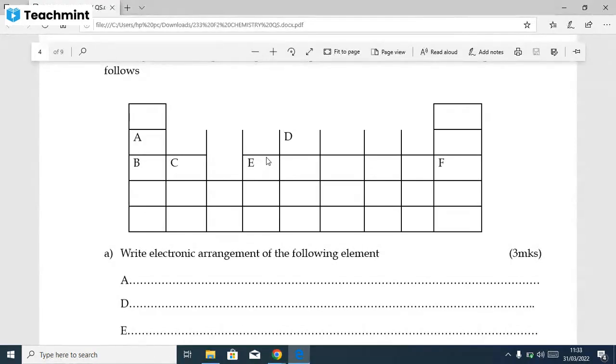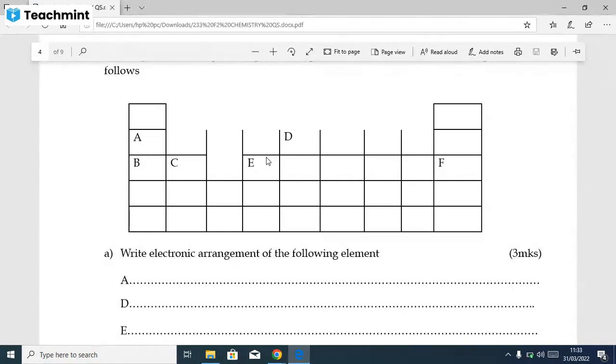But charge is put at the top, superscript, right hand side of the element symbol. And when writing charge, we start with the number, then the sign.